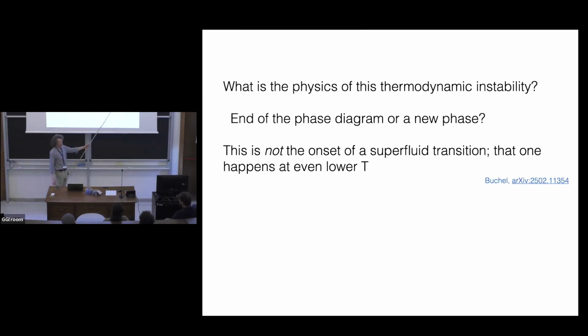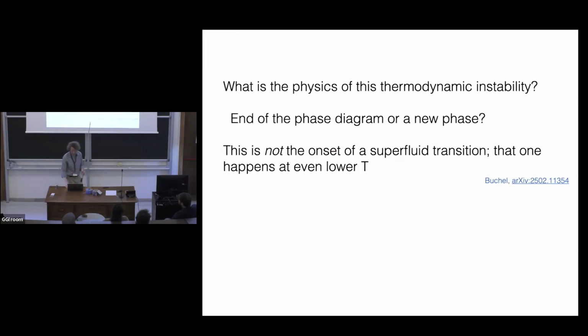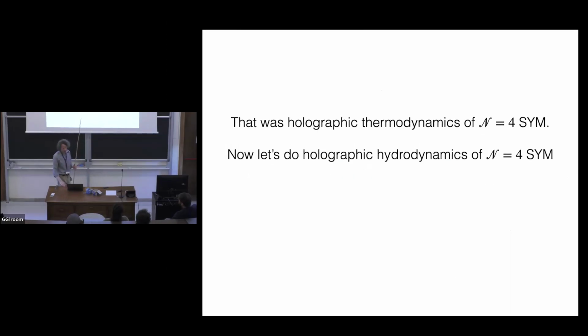Recently, Alex Buchel looked at the superfluid transition, not in this model, but in N=4 super Yang-Mills theory, and it happens at even lower temperature. It happens somewhere here. So before you even get to that superfluid transition, you have stuff that's happening and you don't know what it is. So that was holographic thermodynamics of N=4 super Yang-Mills.